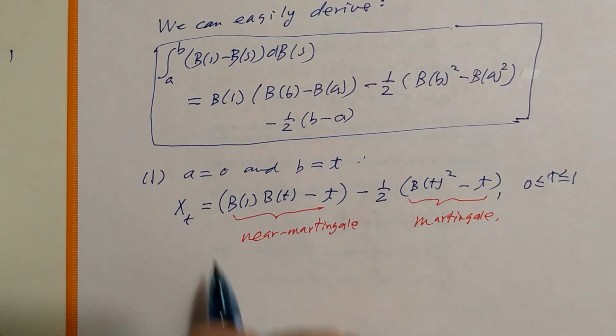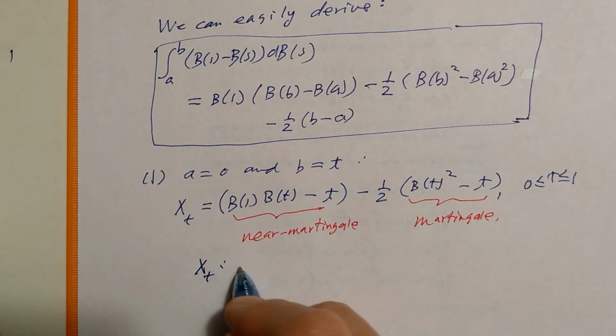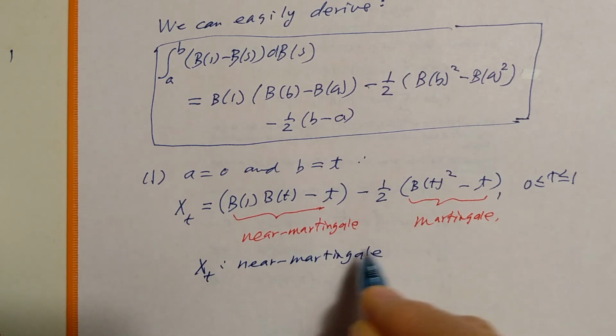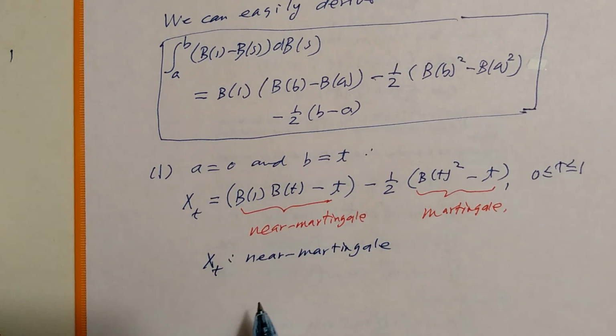And therefore, X sub t is a near martingale. Oh, I'm sorry.